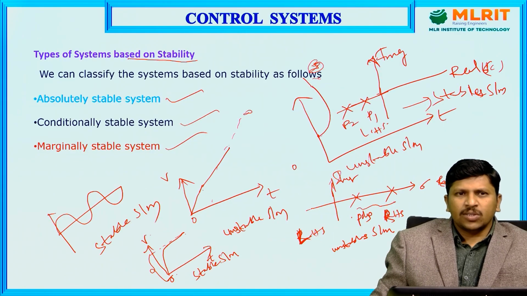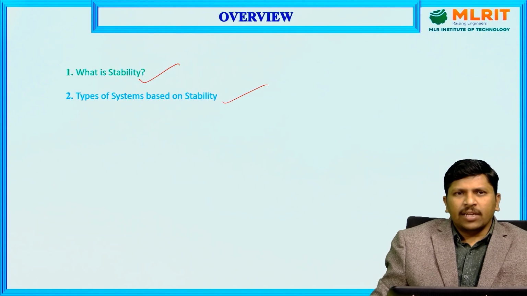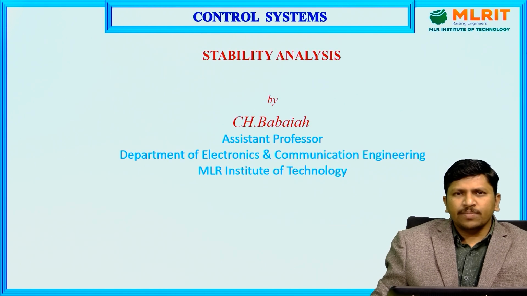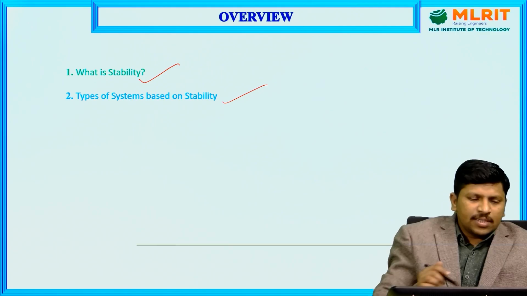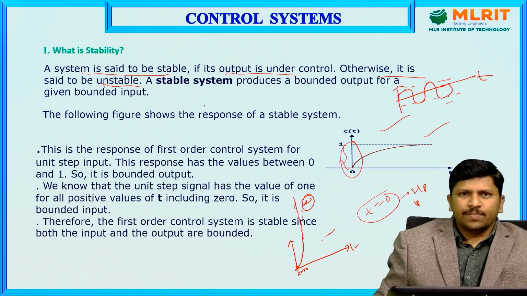Simple. Today we learned stability analysis: what is meant by stability of a system and the types of systems based on stability. These are the basic ideas of stability of a control system, and how to determine whether a given system is stable or unstable based on the poles and based on the inputs.